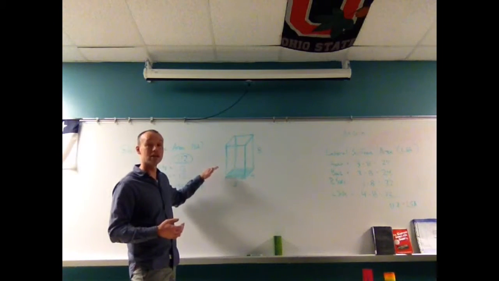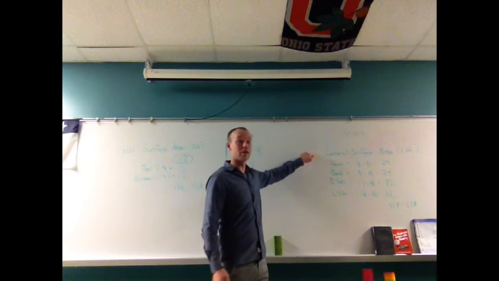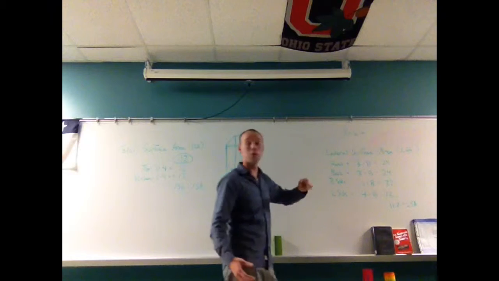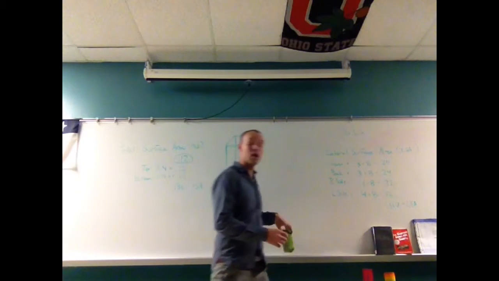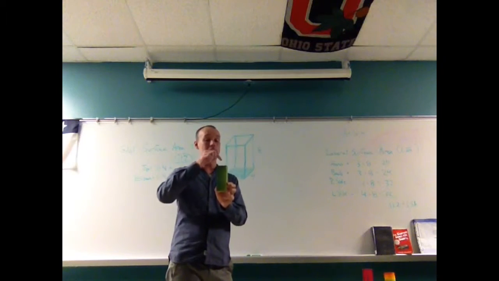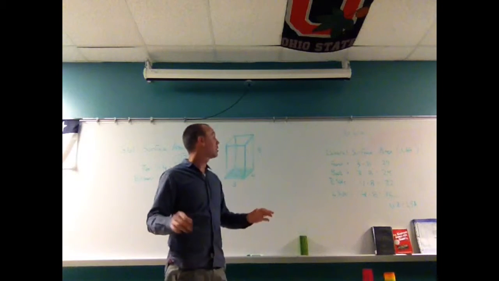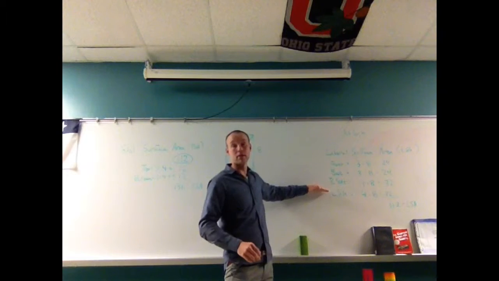Here's how you find lateral and total surface area for this. Lateral surface area, on the activity I'm going to go ahead and label it as LSA on the actual paper you're going to get in a minute. When you're finding lateral surface area of a rectangular prism, you're only finding the 4 sides. You're not worried about the top or the bottom, okay? So the best way to do this is to just label it: front, back, right side, left side, okay?